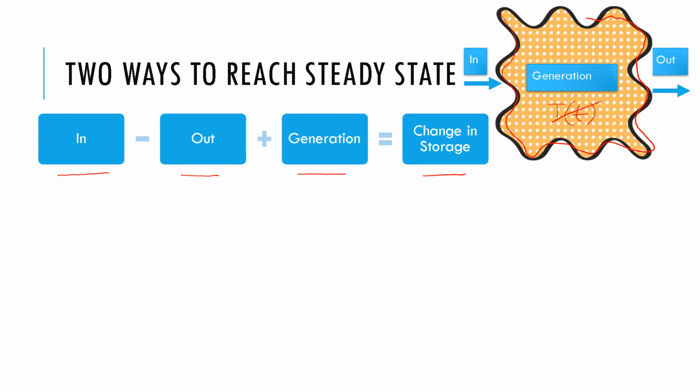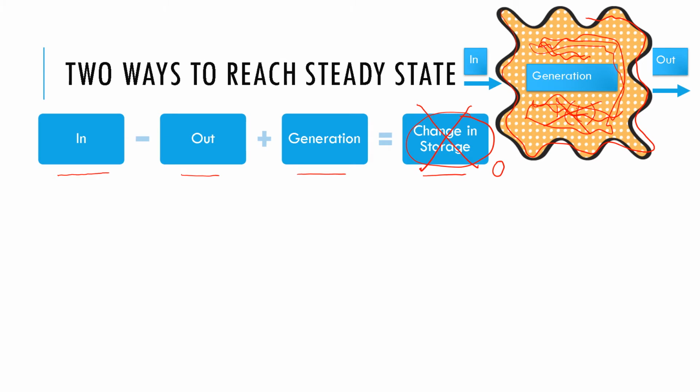T is not a function of time. In other words, if the temperature increases, then this body here stores more energy, so it has a change in storage like this one. But because temperature does not change, there is going to be no change in the storage. So this term is going to be 0.